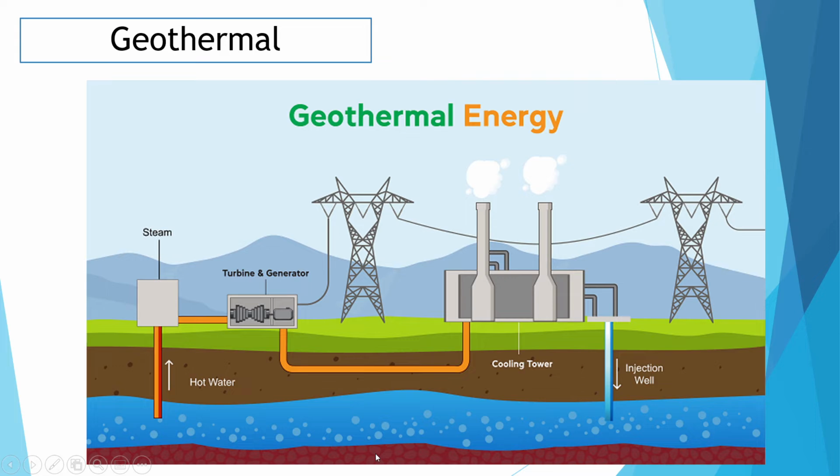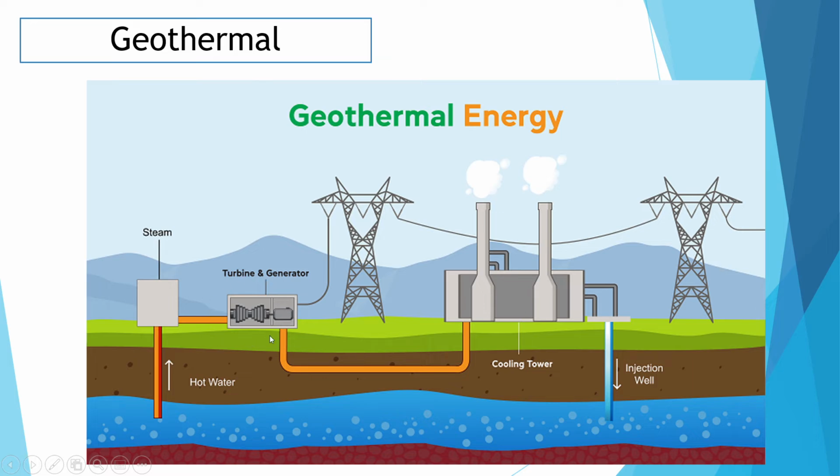It is naturally hot. Because of the heat inside the crust, it heats up the water, which is present in between the surface. You're using the heat from this hot water to generate steam. This steam will go to the turbine and move the turbine. So the heat energy is converted into kinetic energy inside the turbine.